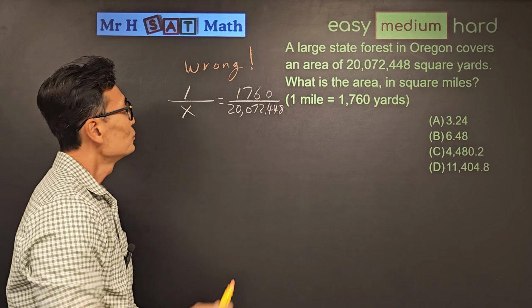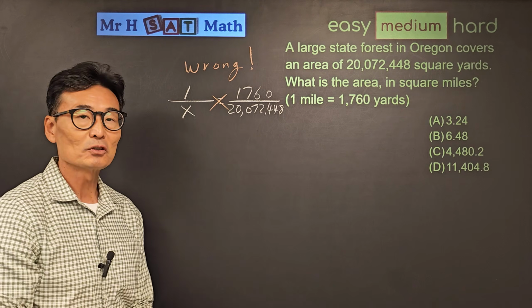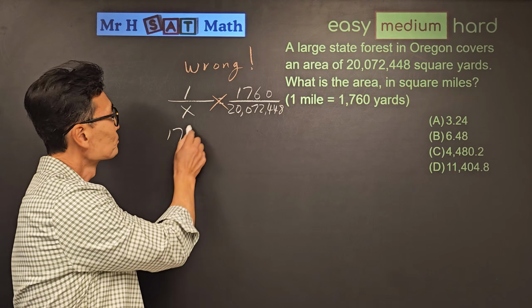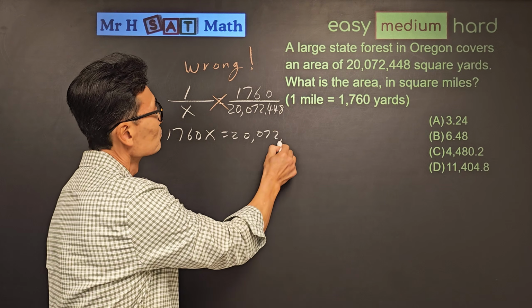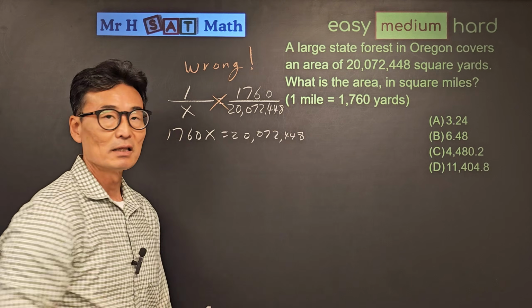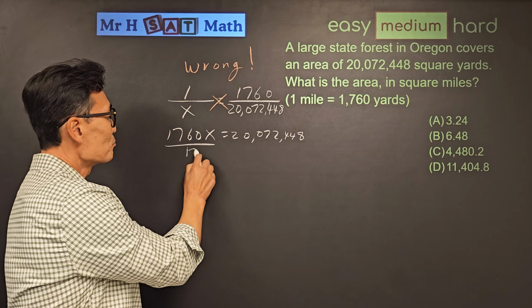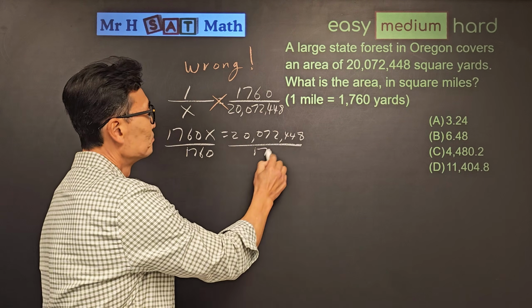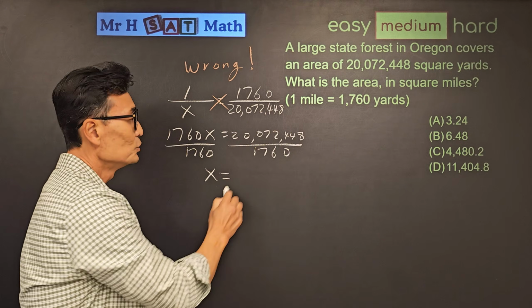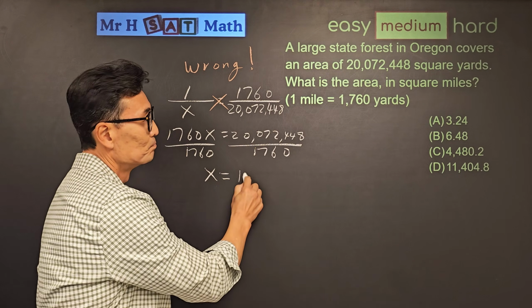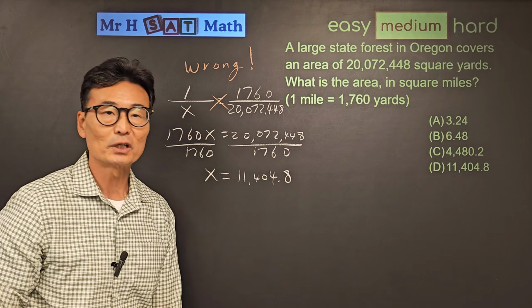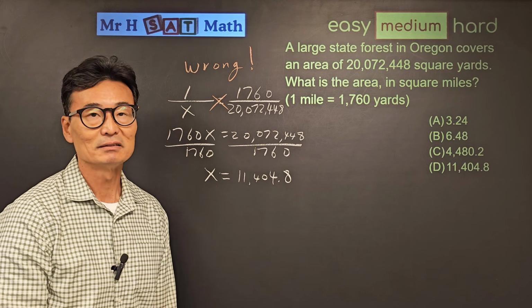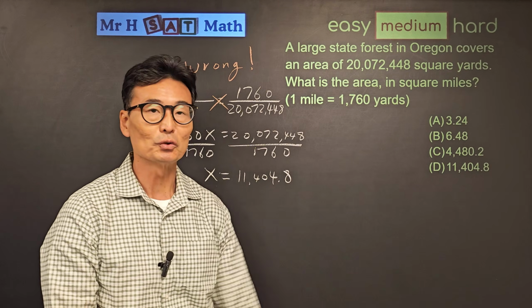And then, to solve for x, we would cross multiply, giving us this, divided by 1760, then you'll get x equals 11,404.8. And guess what? That's answer choice D.